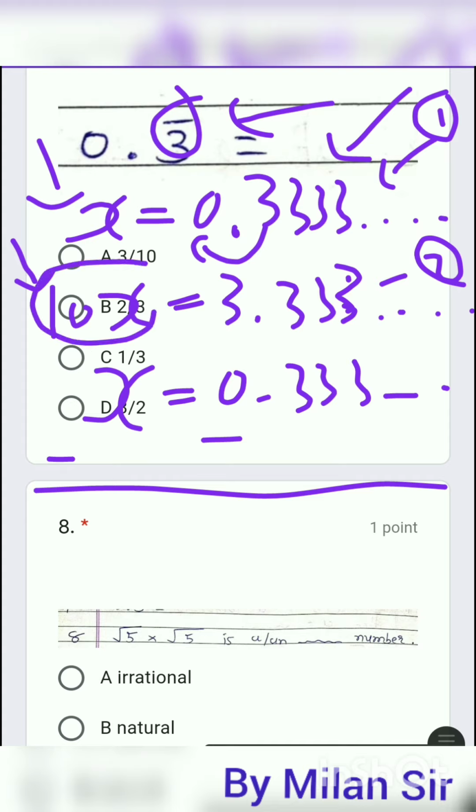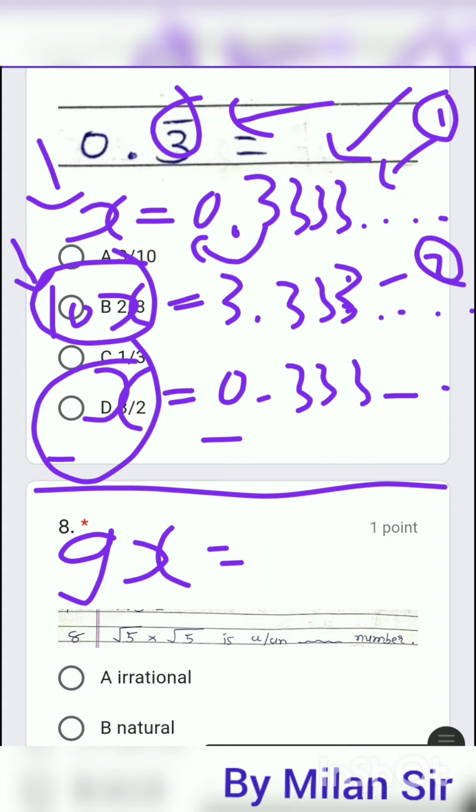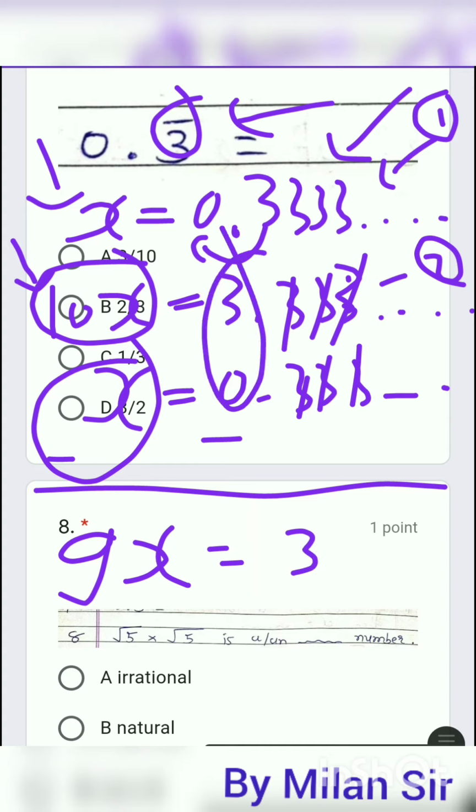So 10x minus 1x is 9x, and after the decimal point all the threes cancel, right? Because subtraction is there, all the threes cancel, and 3 minus 0 is 3 only, and 0.000, that means only 3 we have.